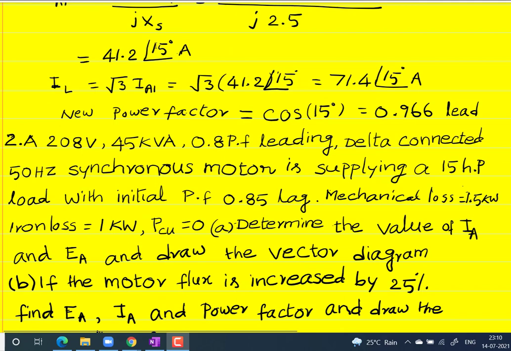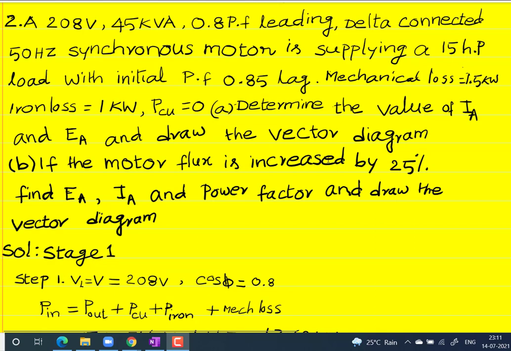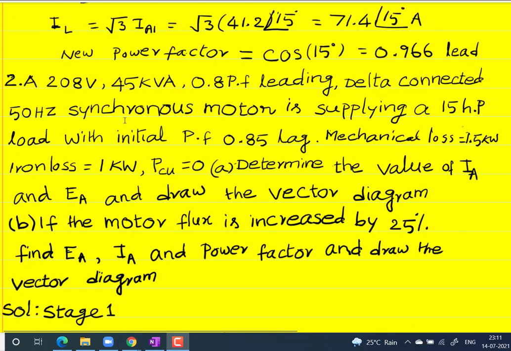Next problem. A 208 volts, 45 kVA, 0.8 power factor leading, delta connected, 50 Hz synchronous motor is supplying a 15 HP load with an initial power factor of 0.85 lagging.